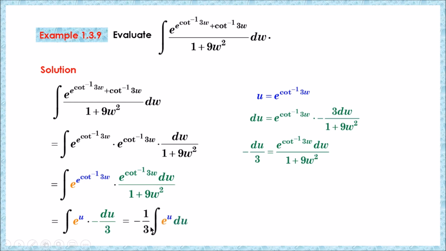Factoring out negative 1/3 outside the integral, we have the integral of e^u du times negative 1/3. So this is now in the form of the integral of e^u du, and it is equal to e^u plus c. So times negative 1/3 here, we get negative 1/3 e^u plus c. But what is u? e^(arccot 3w). So we get negative 1/3 e^(arccot 3w) plus c.